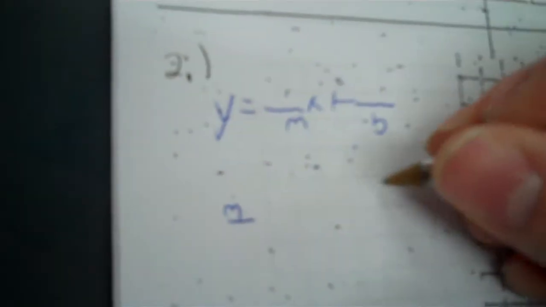Okay, now in the next problem, this is the same thing. So m is our slope, and b is our y-intercept. Okay, so where's it cross the y-axis? Right there. And that's up 1, 2, 3, 4, 5. So it has a y-intercept of 5. Then go to the right.